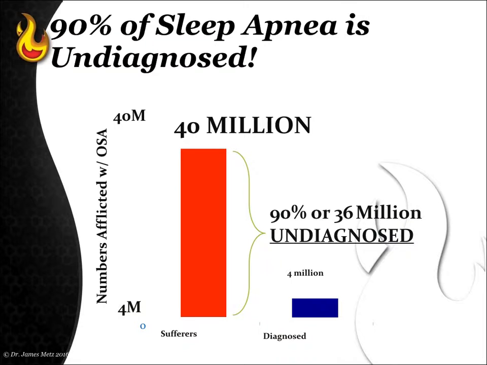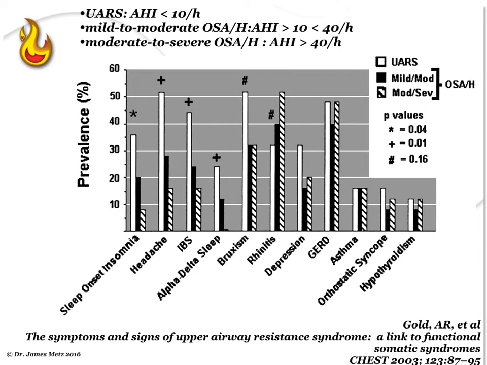Speaking of upper airway resistance, this is the gold article, and I would recommend you read it. It's on the functional somatic syndrome, and it goes through what symptoms a person with upper airway resistance, which is many times not considered to be apnea, will have. Then it shows what mild apnea has and what moderate to severe has.